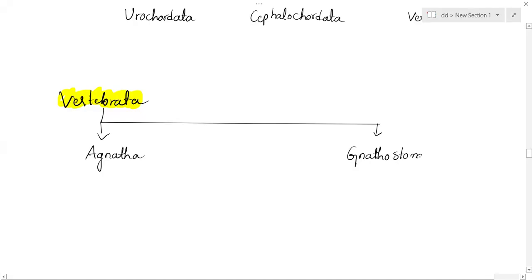Why Agnatha? Because they lack a jaw. They don't have a jawline. Gnathostomata bears the jaw.